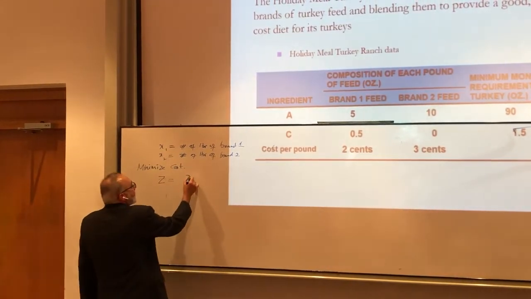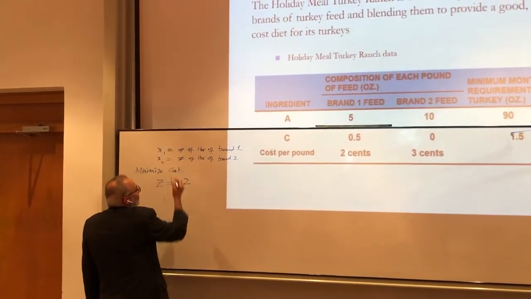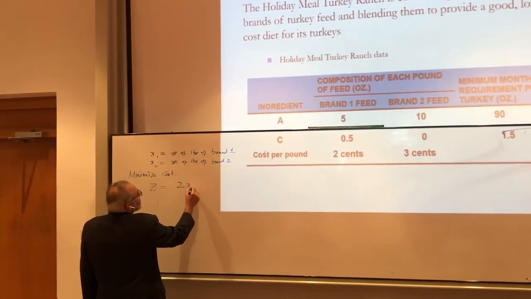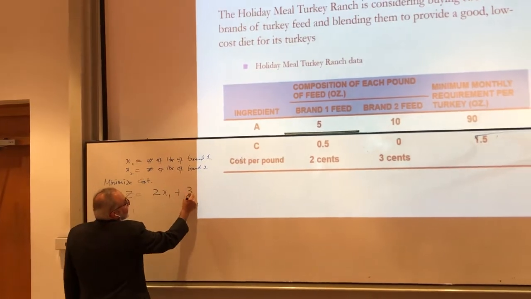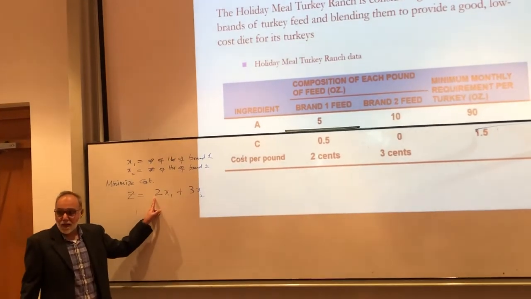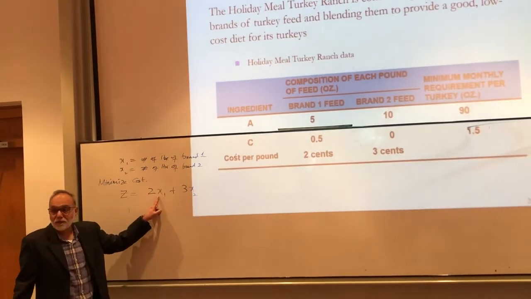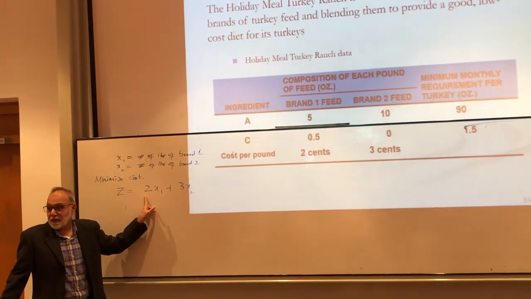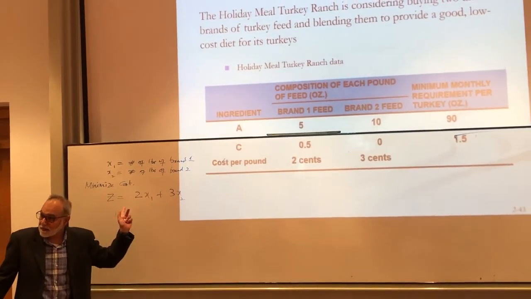So 2 times the number of pounds will give us the cost in cents, right? 2x1 plus 3x2. 2 is in cents per pound, multiplied by pounds. Pounds cancel. We will be left with cents. So the cost will be in cents.